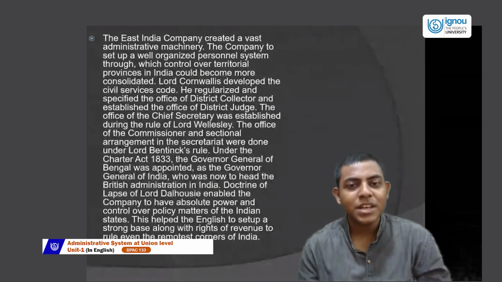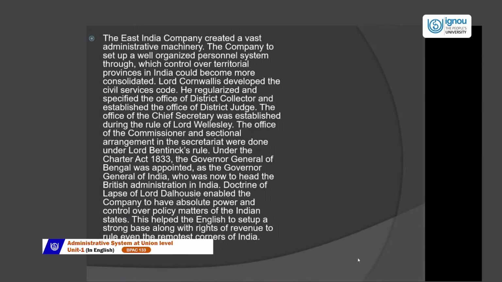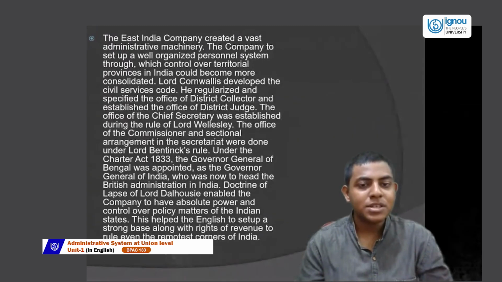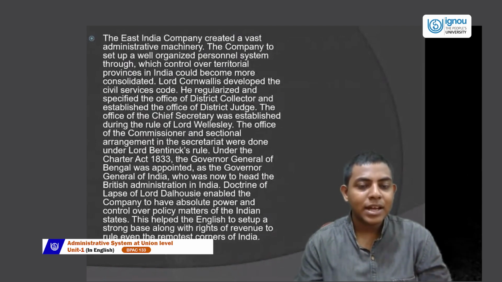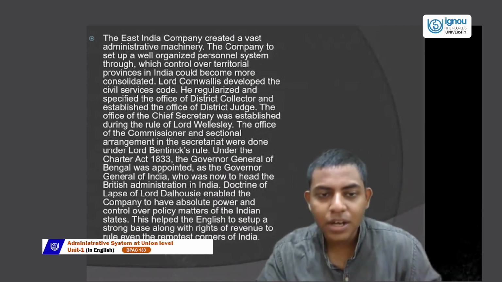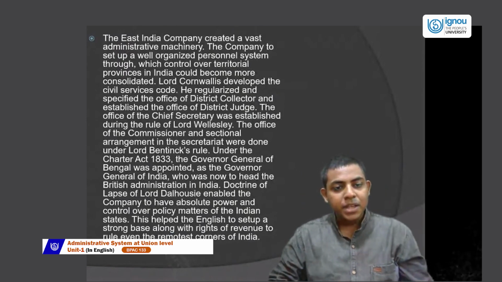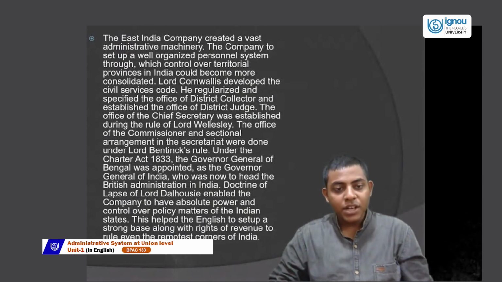They set up well-organized personnel systems throughout the country, through which they controlled vast territorial provinces. Lord Cornwallis developed a civil services code, and he regularized and specified the office of district collector and the office of district judge.